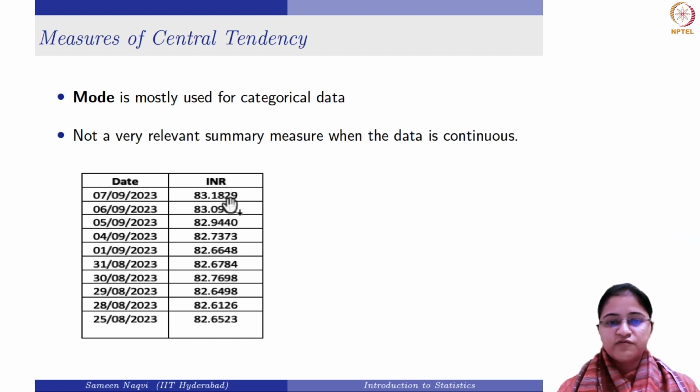So for these rates, you see that these values are so close to each other that it is difficult to find a mode in such cases. So we do not prefer mode for your continuous variables and also overall in general for your discrete variables. So mode is mainly used for categorical data sets.